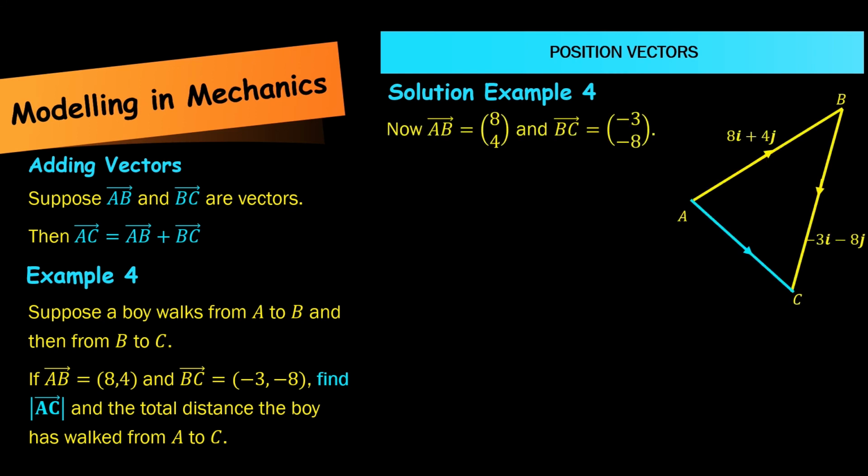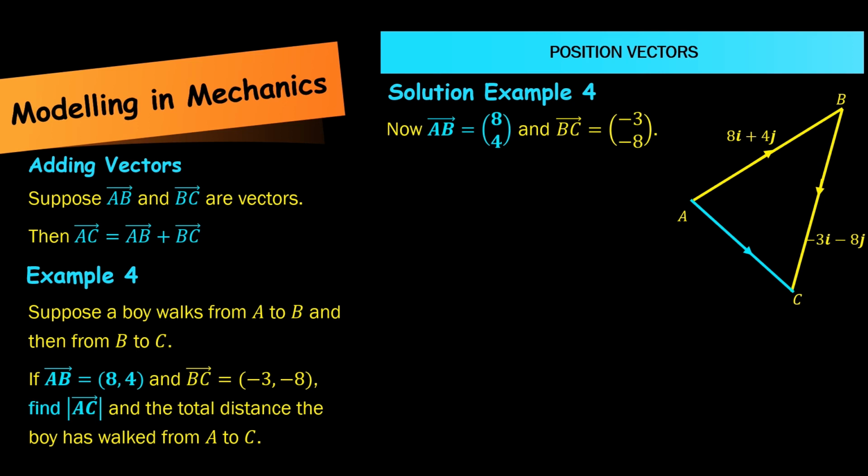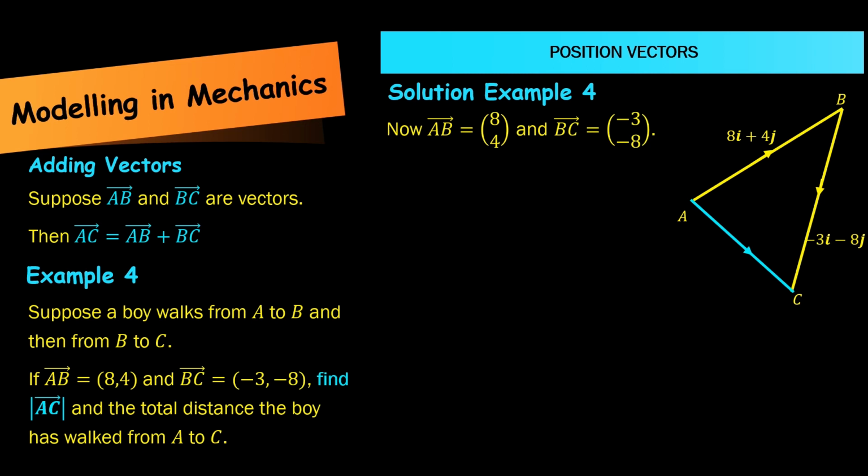We're first going to draw a sketch. AB is given as shown. Here's AB equals (8, 4), and here's BC equals (-3, -8). And you can see these in the diagram. AC is joined.